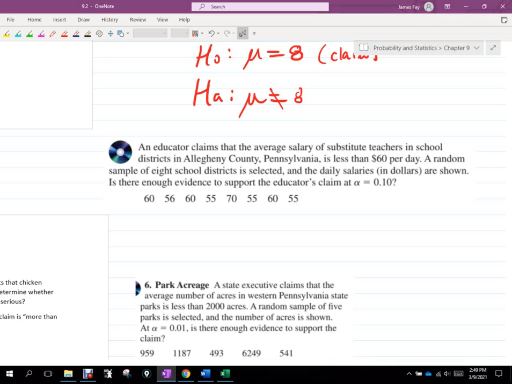If they tell me alpha to be 10%, let's say I might fail to reject at 90%. But I could do the exact same math and at 95% I may reject. Does that make sense? So depending on the level of confidence that we want to use, or the significance level alpha, at 5% you might not reject. At 10% you might reject, or vice versa.